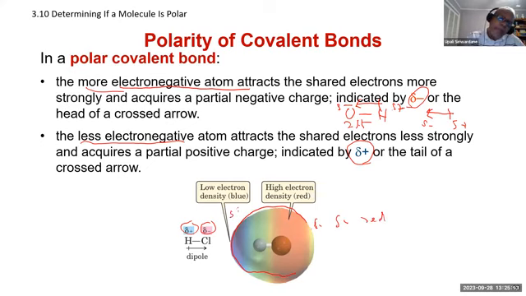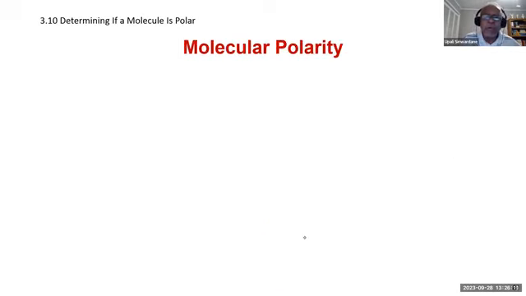The positive end of the dipole is shown in blue color. You can see there's no equal distribution of charges. That's how you indicate the dipole of HCl. HCl is a polar molecule.